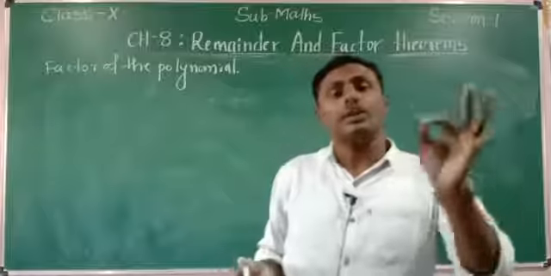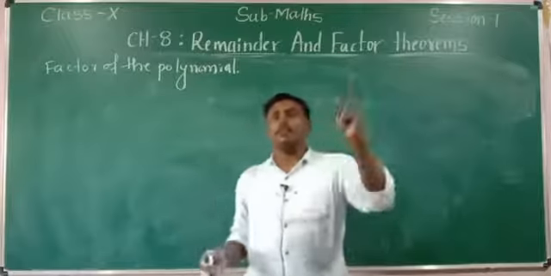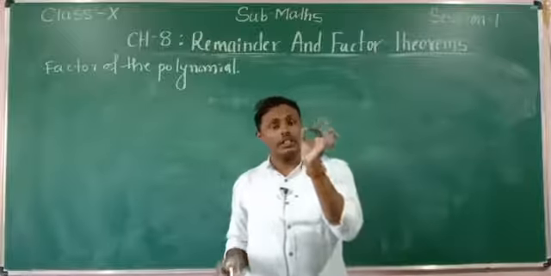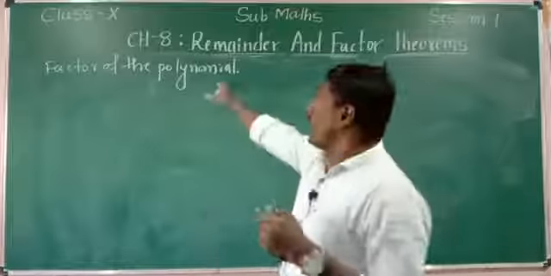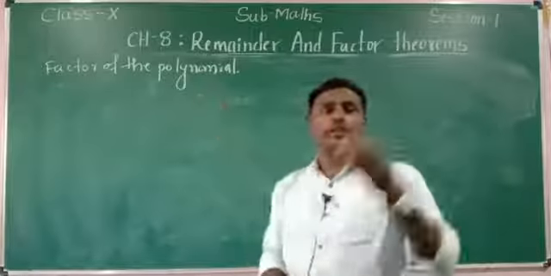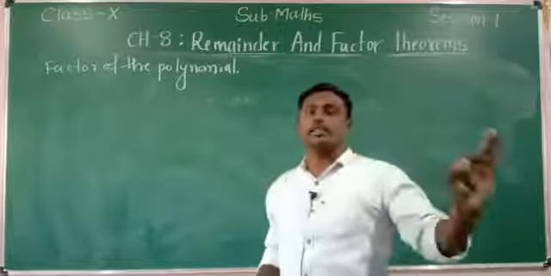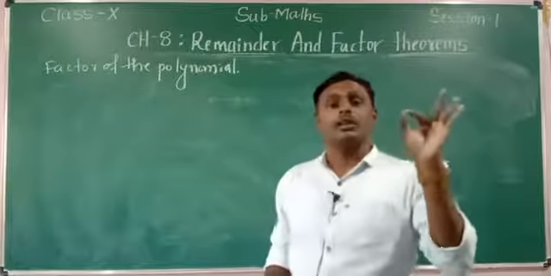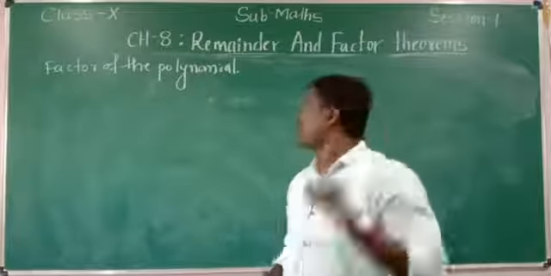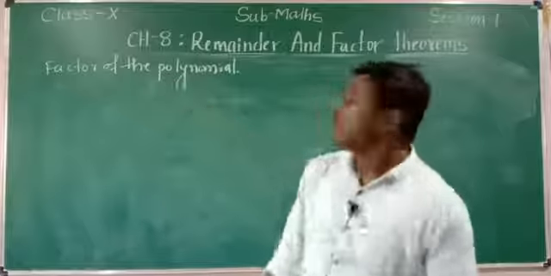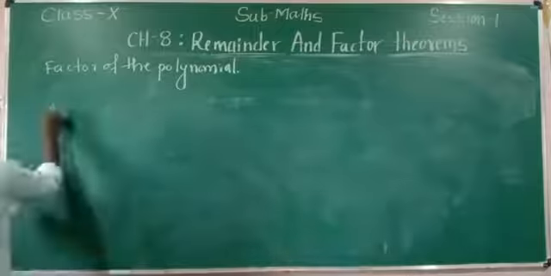When I substitute the x value or variable value in the given expression, if the final result of the expression becomes 0, then that x value is called a factor of the polynomial. It means if the final value of any expression ends with 0, then the substituting value or function is called a factor of the polynomial. Okay, let's take some examples.